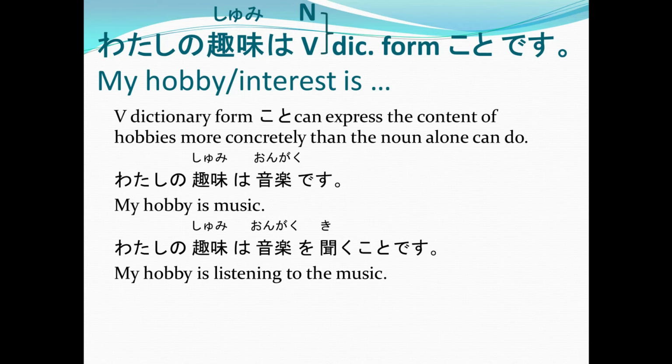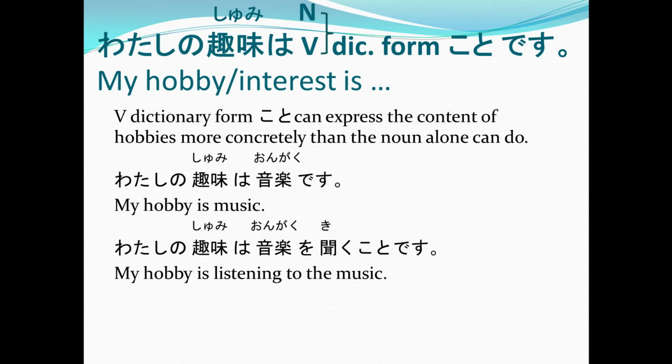See how this one expresses a more concrete hobby, right? So if you want to express your hobby, we suggest that you use the verb dictionary form koto desu because it is more clear and more precise.